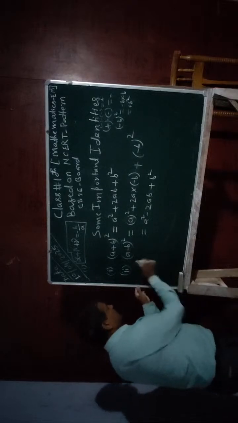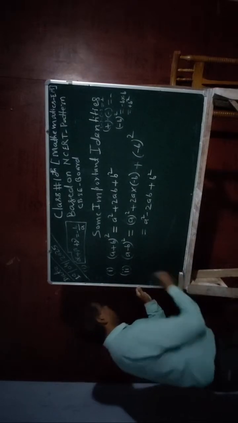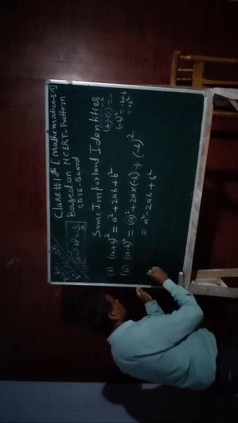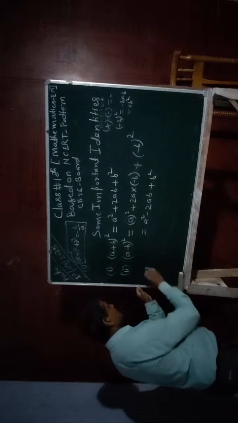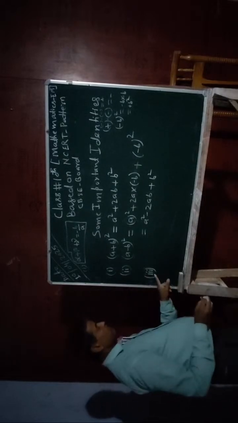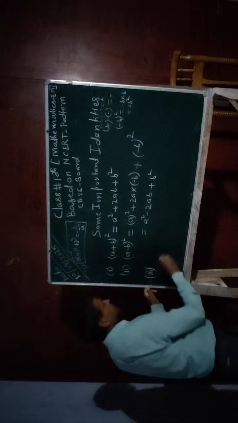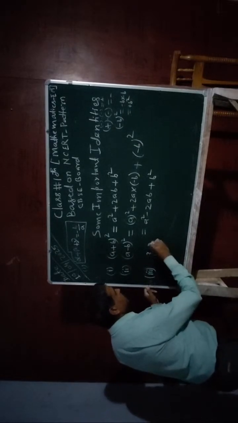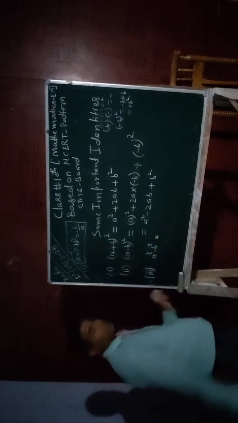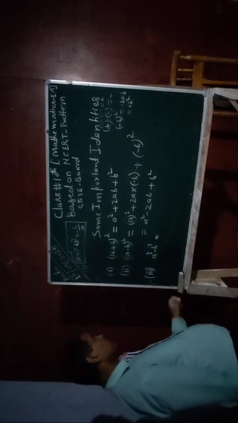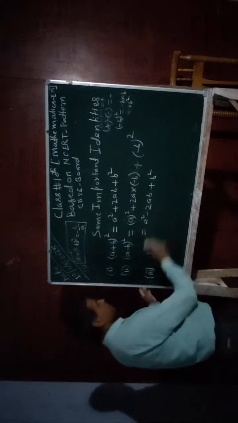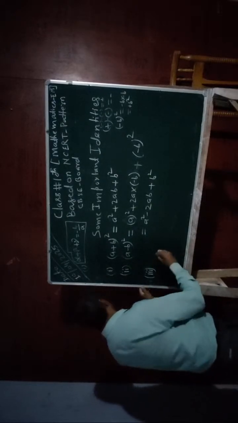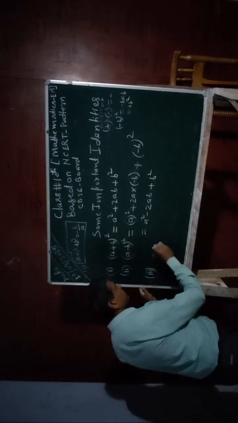Now I am also going to write another term, point number 3. Here I will write a cube minus b cube. Otherwise, the other formula I am going to write is a plus b whole cube.